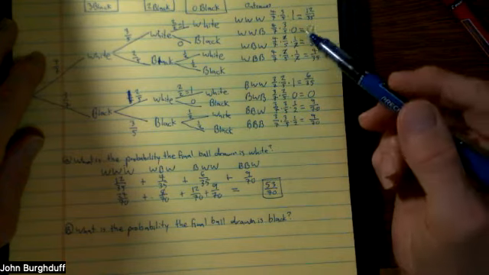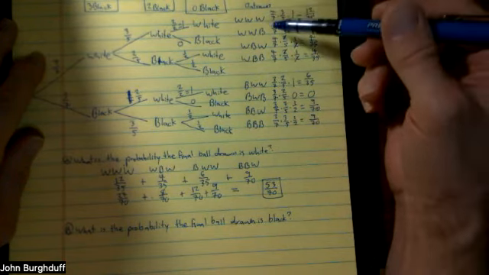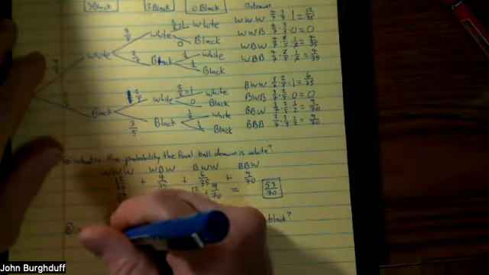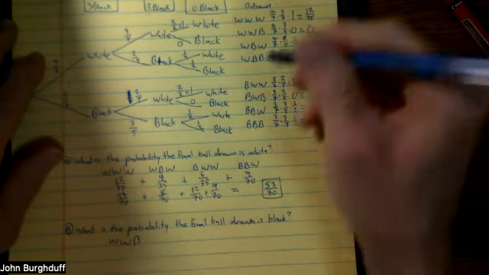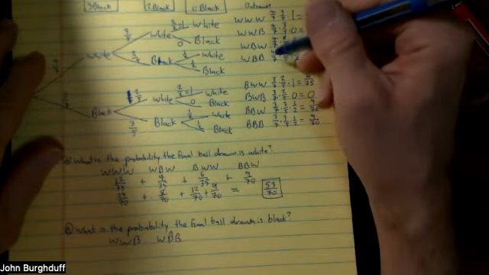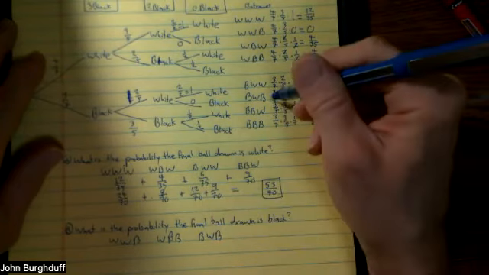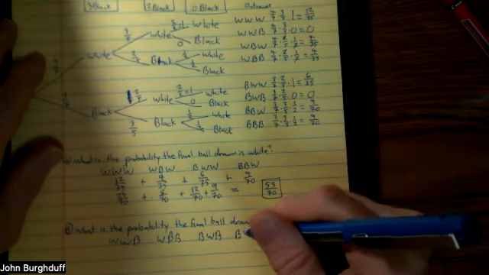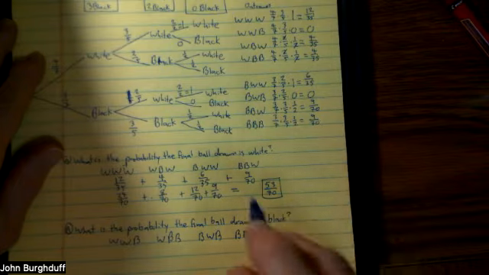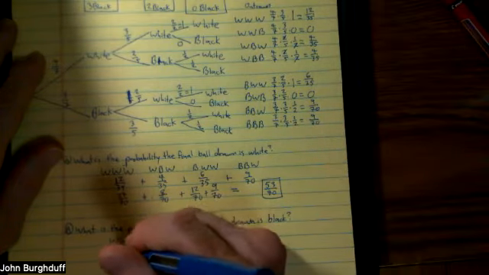There's several different outcomes that create that event. This one, white, white, black. This one, white, black, black. This one, black, white, black. And this one, black, black, black. I can add up those individual probabilities, some of which are going to be 0.